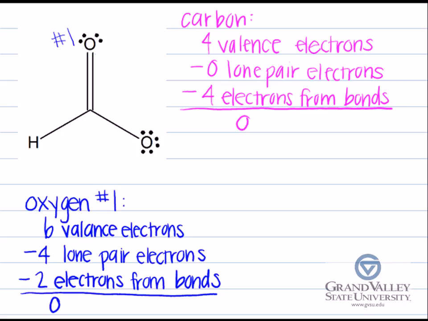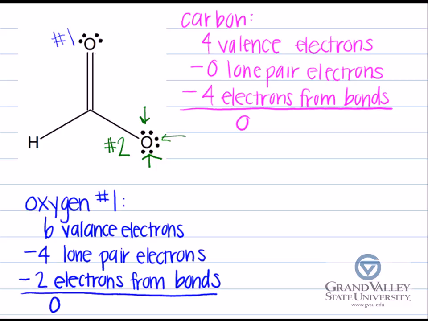We will next determine the formal charge on the second oxygen atom, which we will call number 2. Again, oxygen has 6 valence electrons. There are 3 sets of lone pair electrons on this oxygen atom, making a total of 6 lone pair electrons.